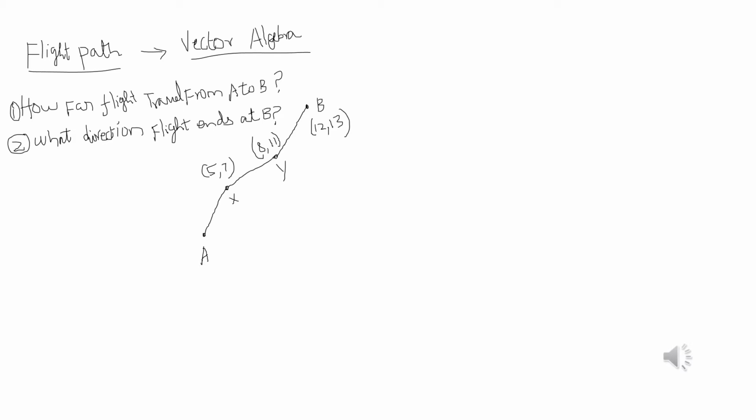In this question they have provided three location coordinates, the x-y axis points, between point A and point B. The flight travels to a location X and to a location Y. At X we have the coordinates 5,7, when it reached Y we have the coordinates 8,11, and at B we have the coordinates 12,13.